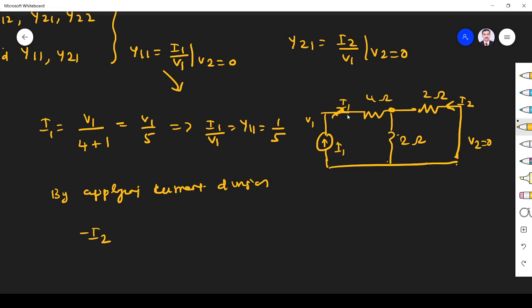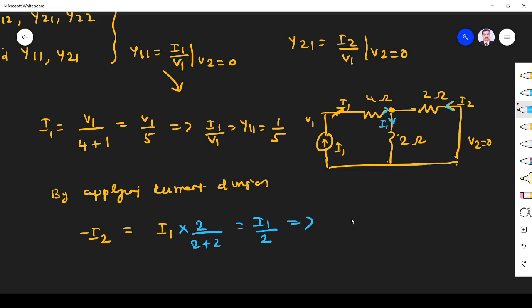I1 is the total current, coming here, and it divides among these two. I want to find this current, so I take I1 into the opposite resistor divided by the total resistance 2 plus 2. So this is I1 by 2.